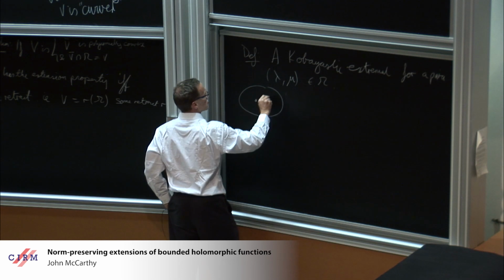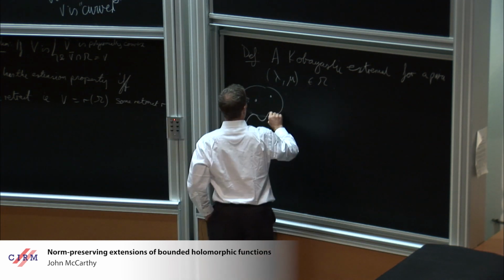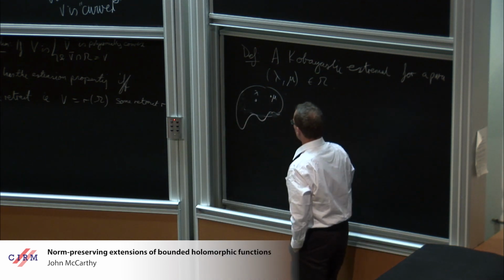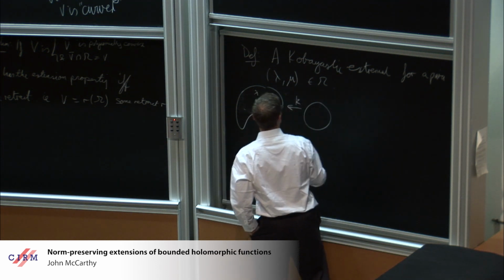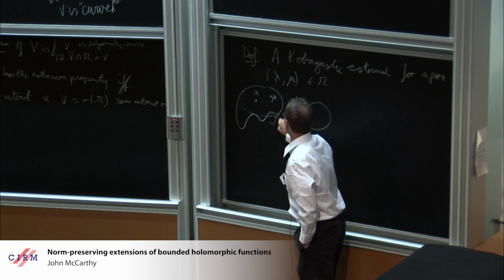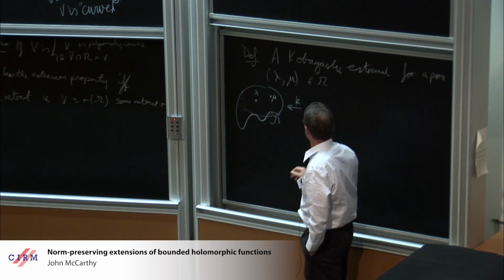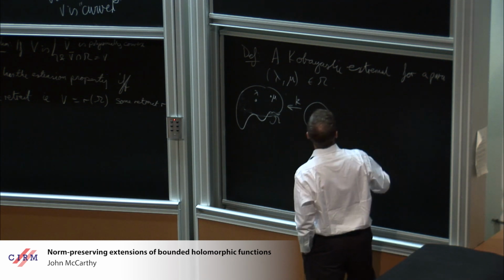So here's omega, and here are 2 points lambda and mu. A Kobayashi extremal is a map from the unit disk into omega, so that the pre-images of lambda and mu are as close together as possible. It's the infimum over all such maps.